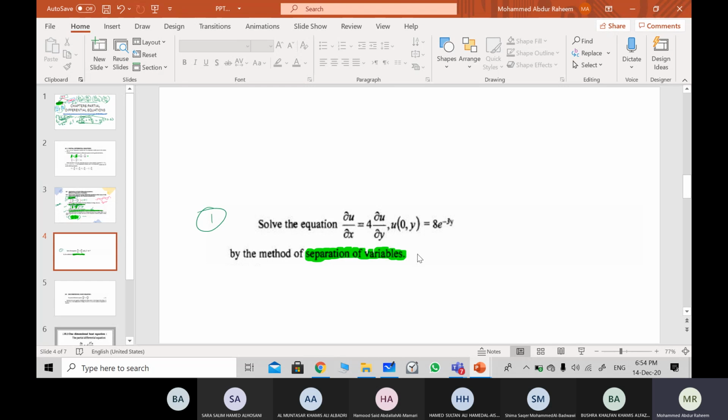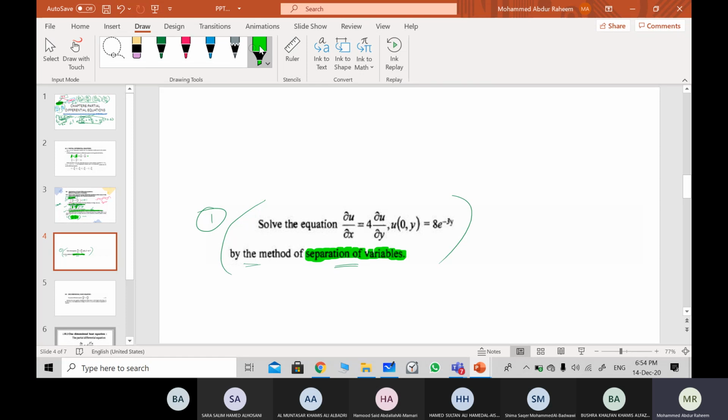What is the topic? Solve the equation by the method of separation of variables. How to solve it? We will start with this.